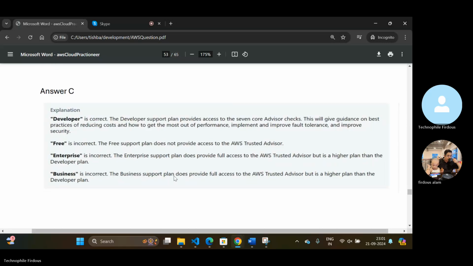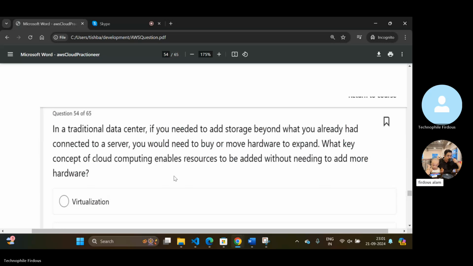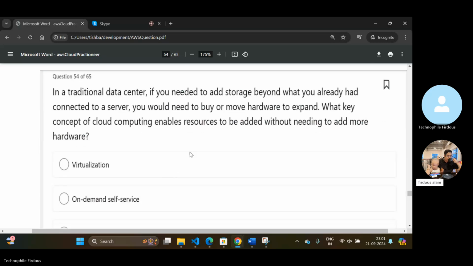Okay. Question number 53, 54. In a traditional data center, if you need to add storage beyond your need, you need to buy and move hardware to expand it. What key concept of cloud computing enables resources to be added without needing to add more hardware?